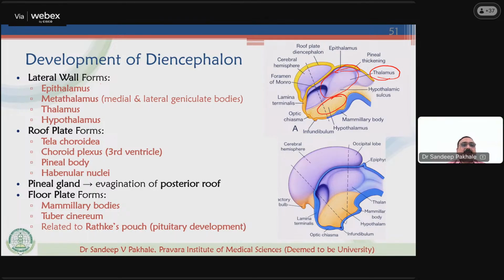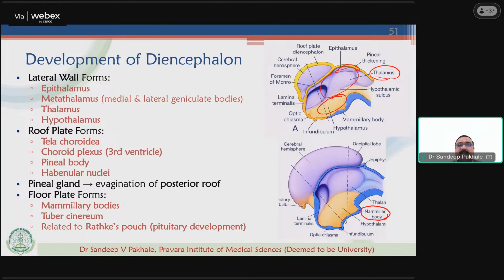The roof plate forms the tela choroidea, choroid plexus, pineal body, and habenular nuclei. And the floor plate contributes to hypothalamic structures such as the mammillary body and the tuber cinereum, and is closely related to development of the pituitary via Rathke's pouch.